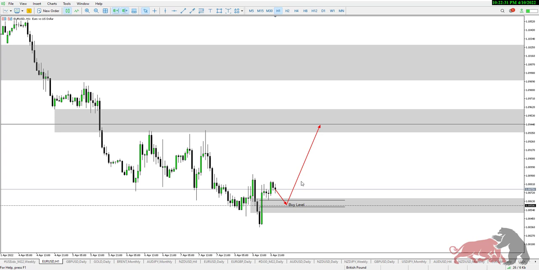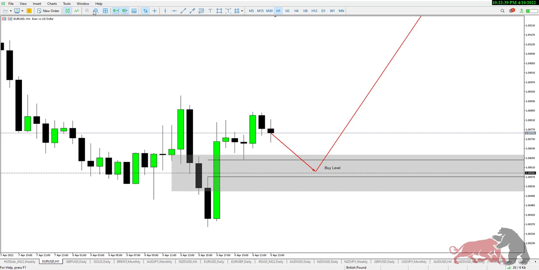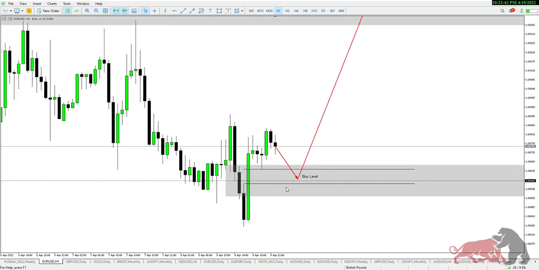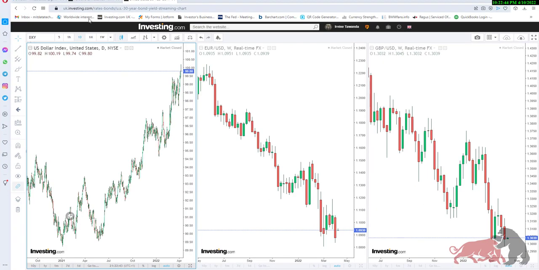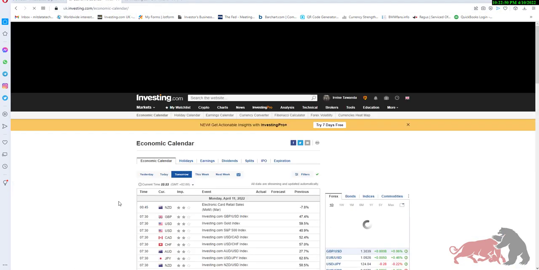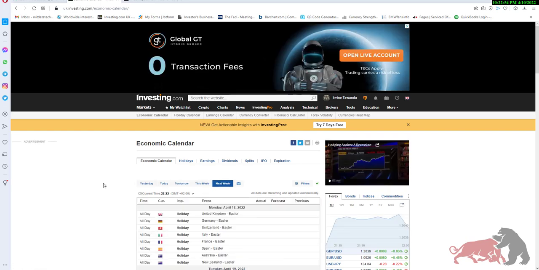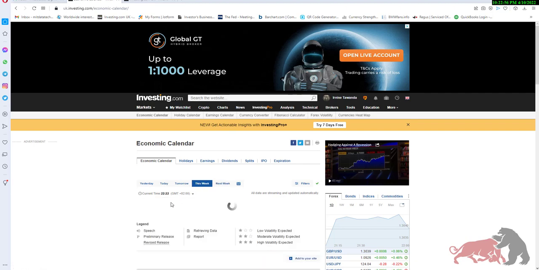to look out for that strength to be fulfilled. So once price trades into this discount array, this is where the calendar comes in. So I'm going to go to this week.